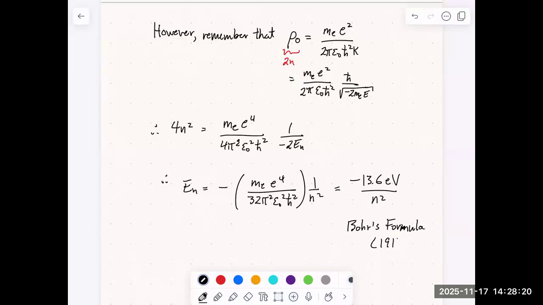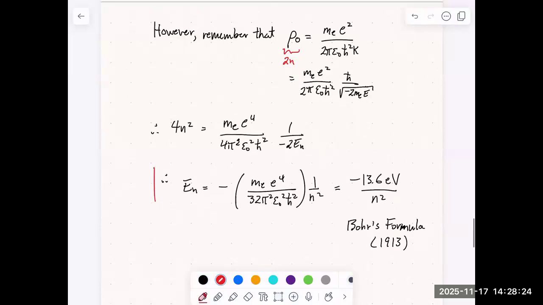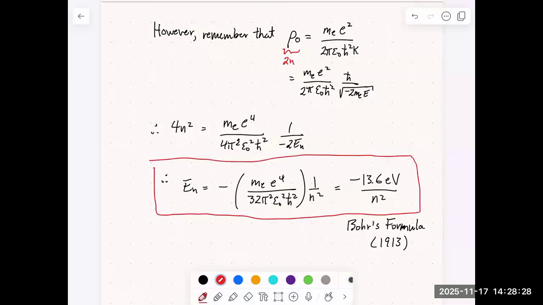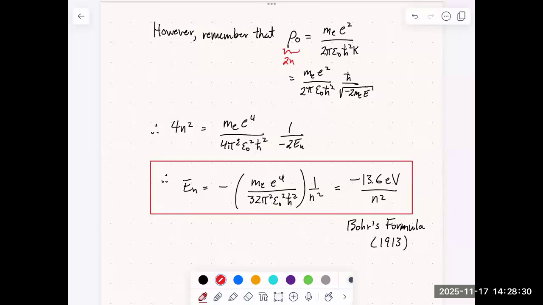He came up with this in 1913, which predates the Schrodinger equation. So he worked this out without having Schrodinger's equation and solving the differential equation like we've done.